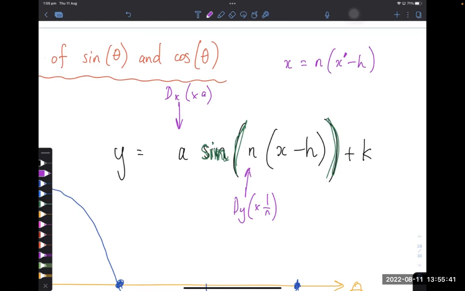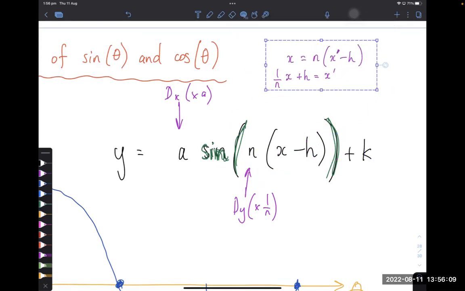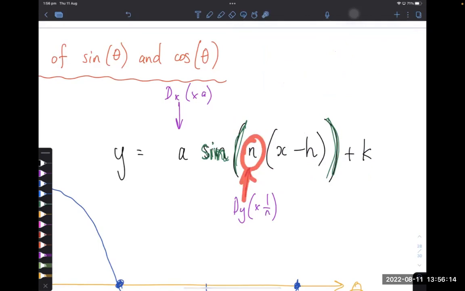So if I want to see what happens to the original x value, I need to rearrange to make x dash the subject. And you can see here that it's 1 over n times x. This is from chapter 7. If you were to read it directly off the equation, you see it like so. I've already explained this ages ago, but it's a dilation of 1 over n. When it's the y-axis, you need to flip the n value.